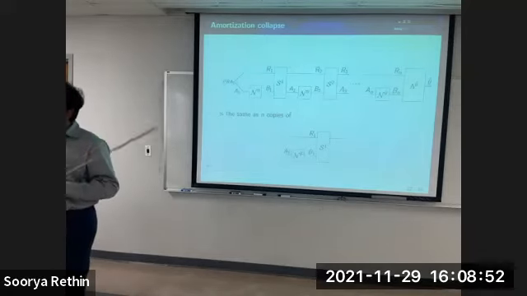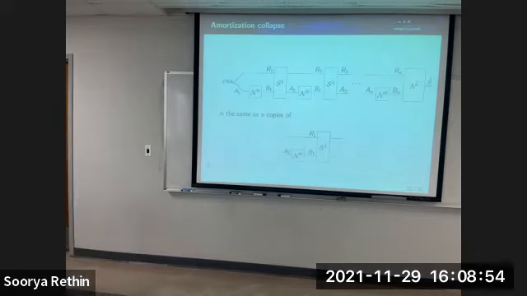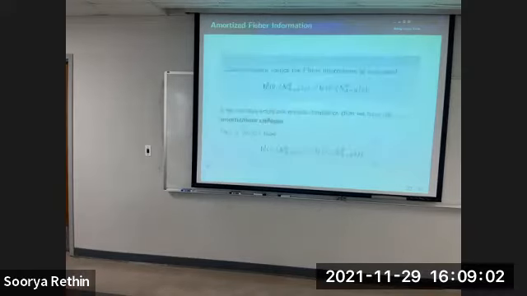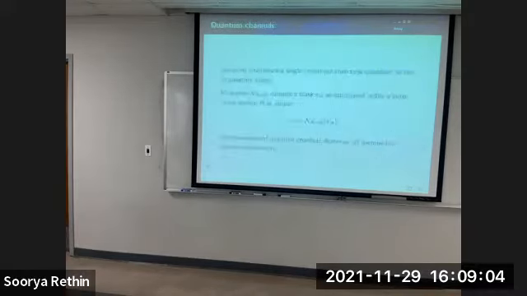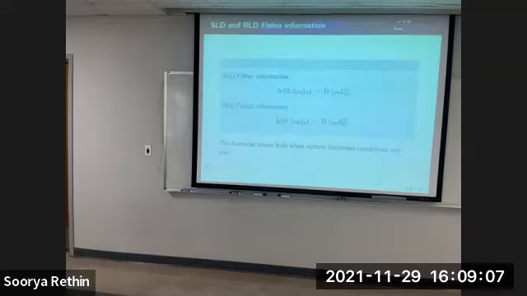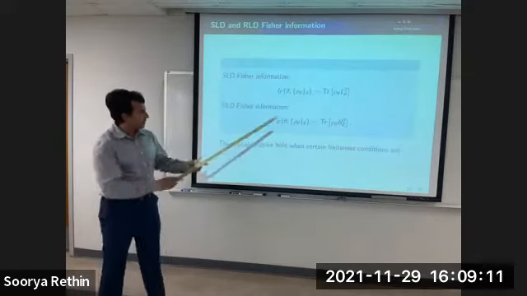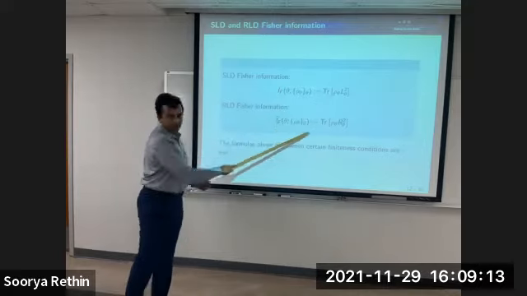My other question is about the SLD and RLD: is the choice to use one or the other arbitrary, or is there one which is better? Good question. If you are estimating a single parameter, as I said, this quantity is always less than this quantity.